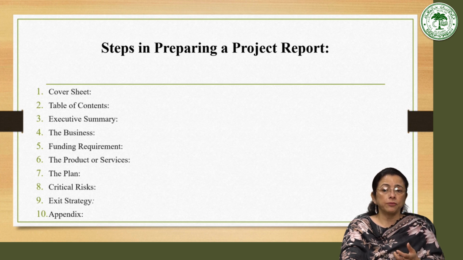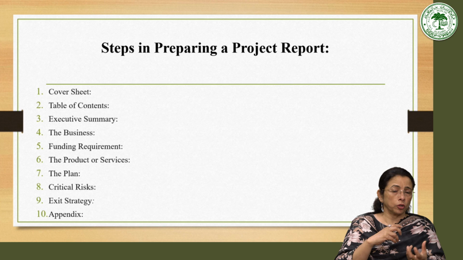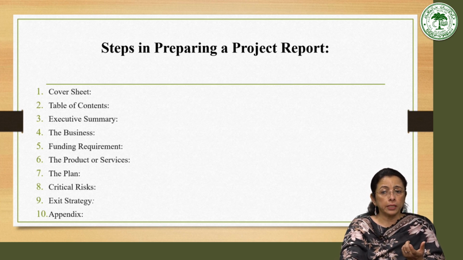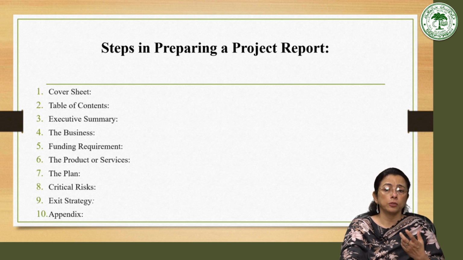After that, next we have the operational plan. The operational plan will give the details of the plant location, why a particular location has to be selected, whether near the market or near the wholesalers, suppliers, etc., or maybe near the laborers, whatever is more feasible or more profitable for the business.